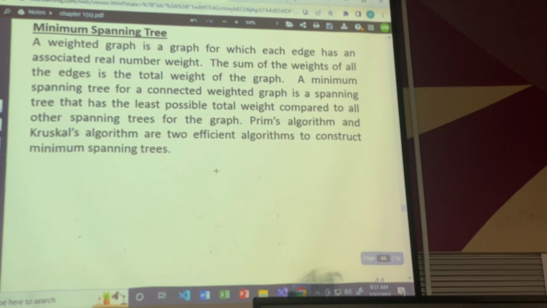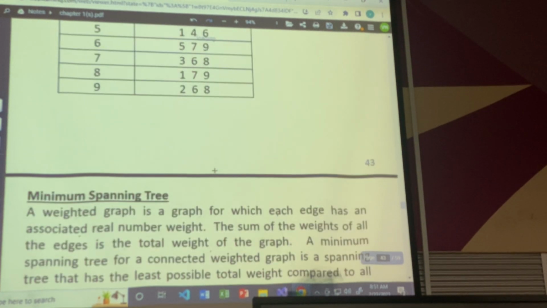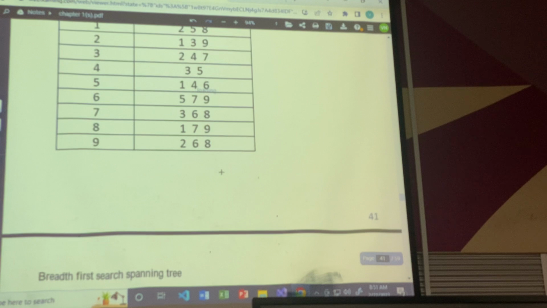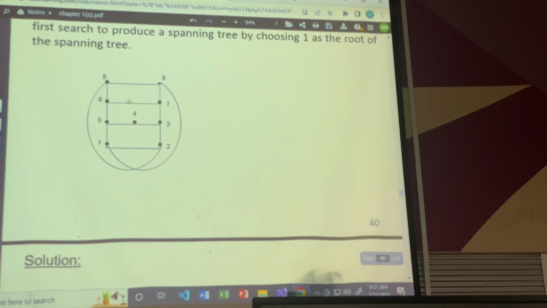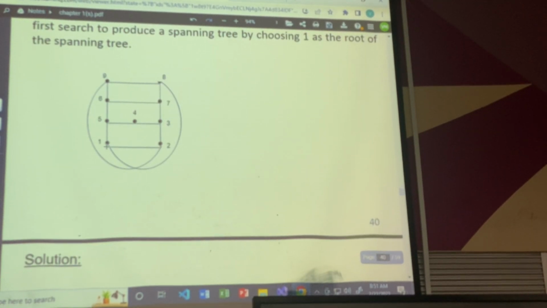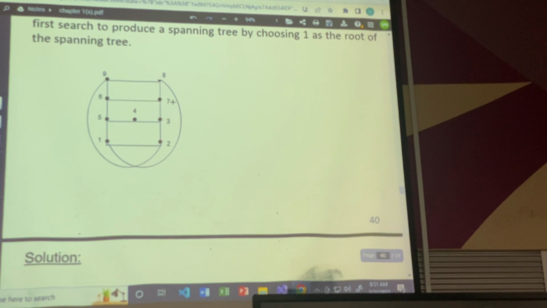Sometimes the graph given to you will have weights. Like just now, the graph given only had lines from vertex 1 connected to 2, connected to 3, and so on. There was no weight given. Weight means that, let's say from 1 to 2, I give you 10, and 2 to 3 is 6, and so on.